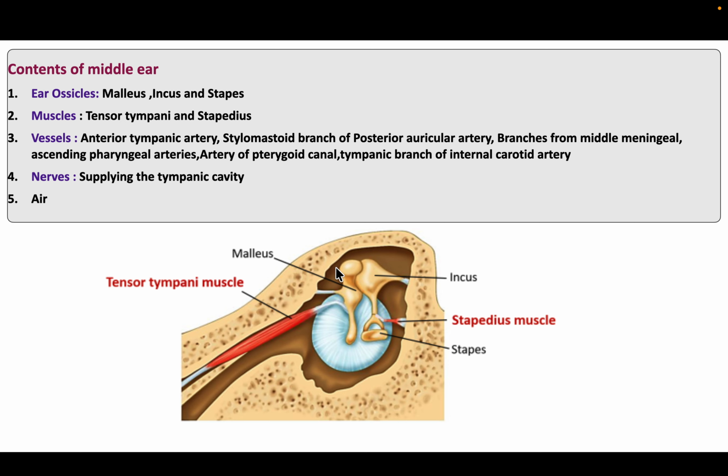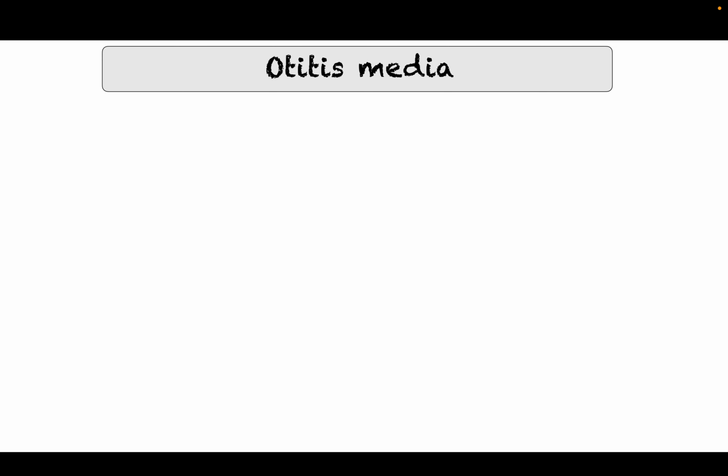Then the vessels which supply this region: anterior tympanic artery, stylomastoid branch of the posterior auricular artery, branches from the middle meningeal artery, ascending pharyngeal artery, artery of the pterygoid canal, and tympanic branch of the internal carotid artery. Next are the nerves supplying the middle ear. Then the next important component of the middle ear is air. So these are the contents of the middle ear.